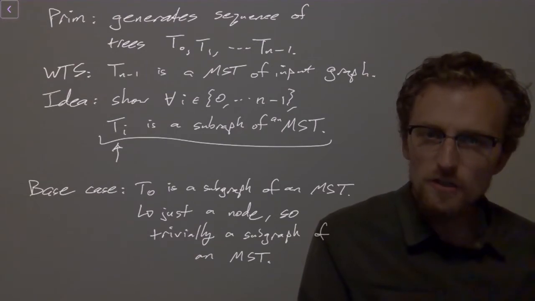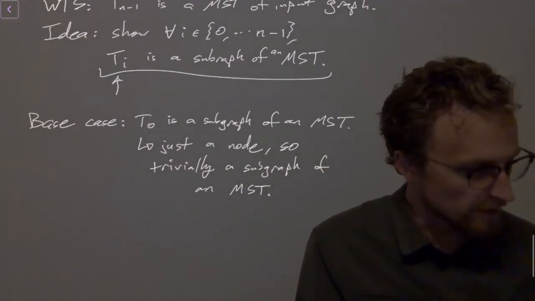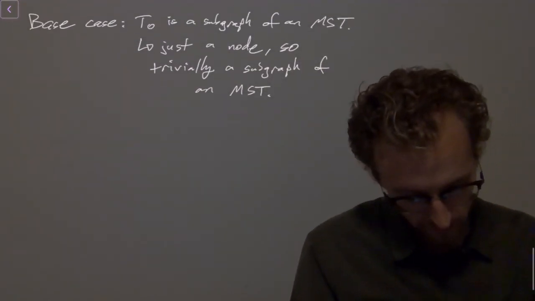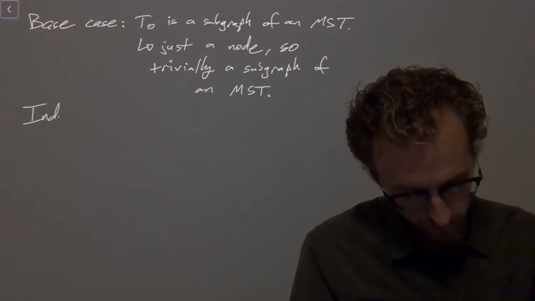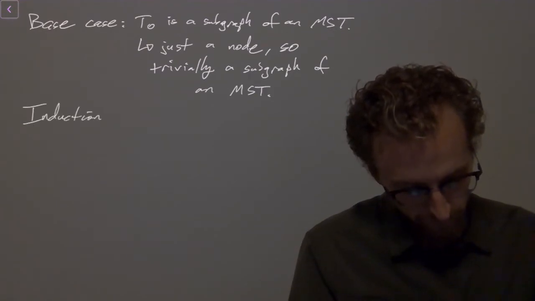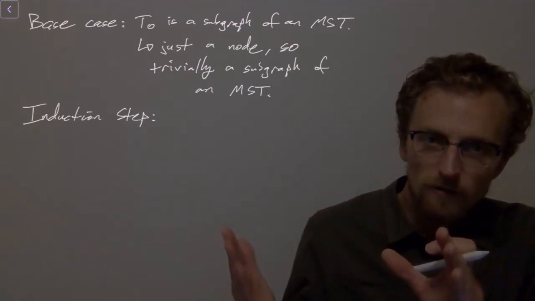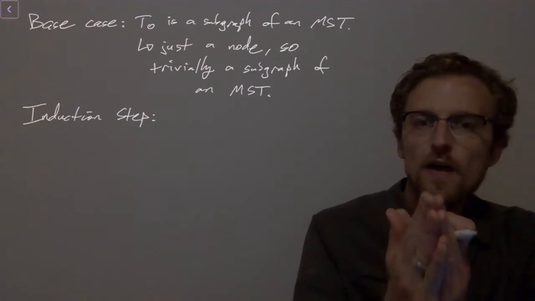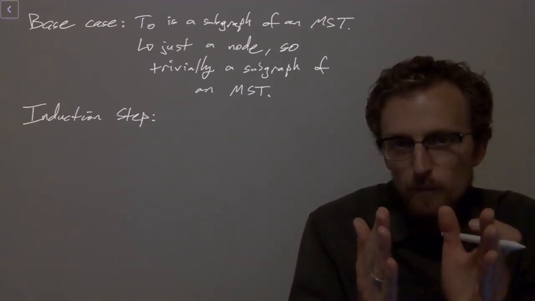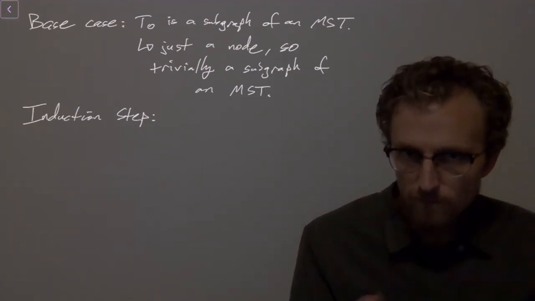So the induction step that we want to prove is the following. There's our base case. What is our induction step? So our induction step says, let's trust that everything has worked up to a point, and then just prove that one step beyond that point still works. Okay?